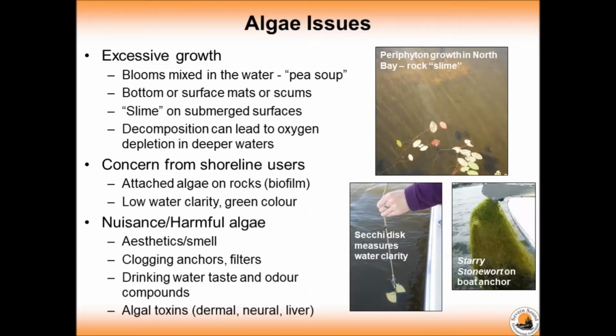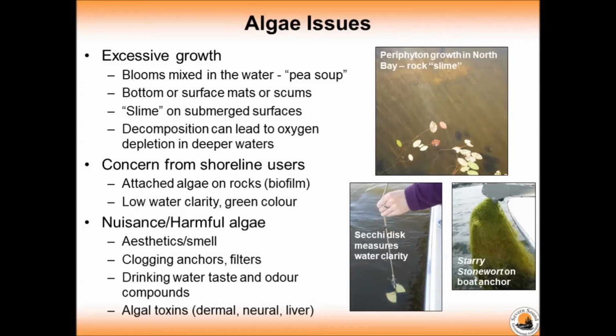So for example, with aesthetics, there might be a disagreeable smell or look to the water as algae might be breaking down. Certain types of the macroalgae can actually start to clog up boat anchors. Different types of algae can also clog drinking water filters. And some species can produce compounds that will show up in drinking water as well.